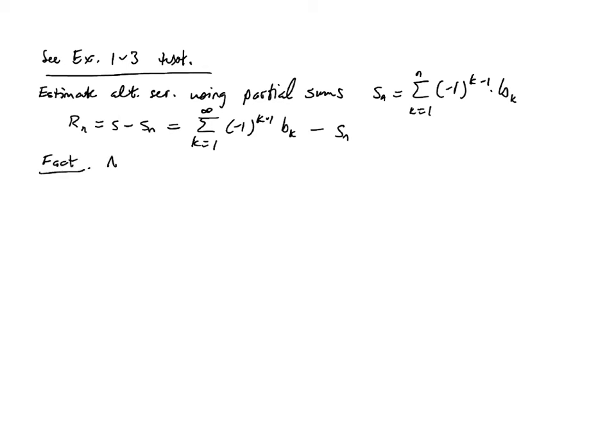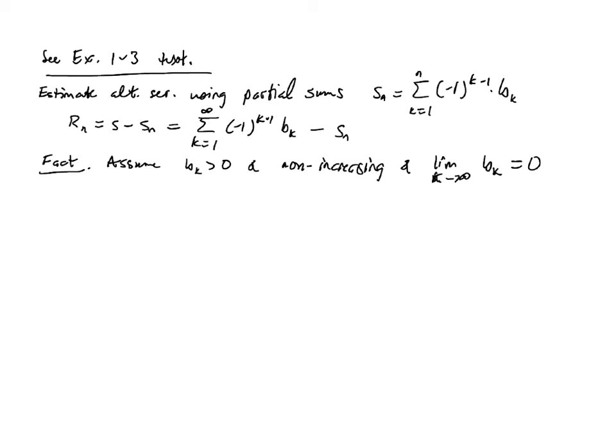So if we assume again that the bk's are all positive and non-increasing, just like in the alternating series test, and such that the limit as k goes to infinity of the bk's is 0, right?